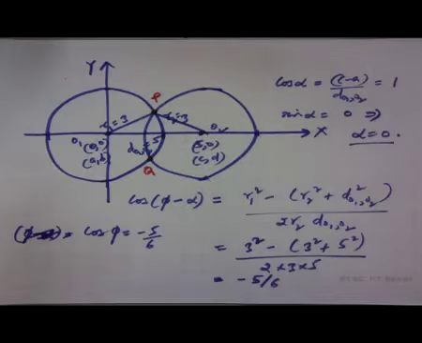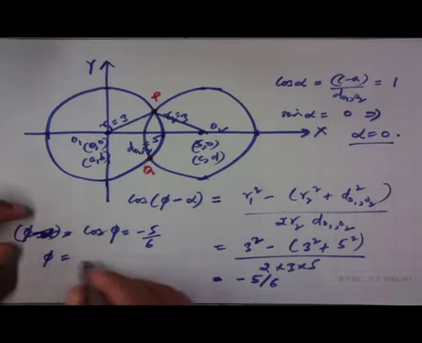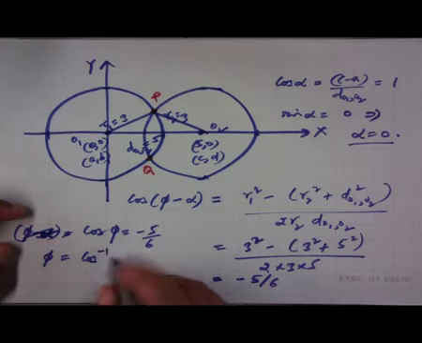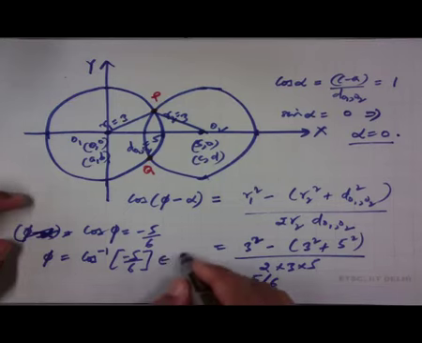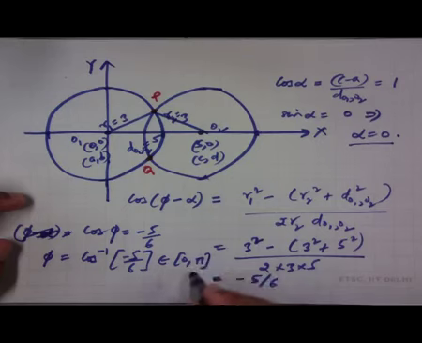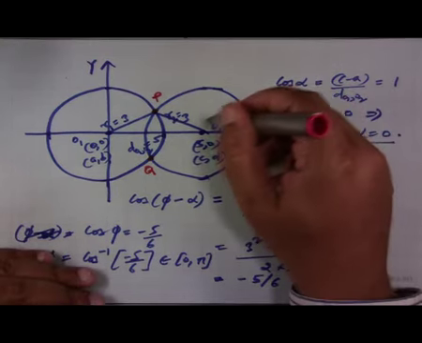So, of course, one value will be given by phi equal to cos inverse of minus 5 by 6, and this value of phi will belong to the interval 0 to pi. So, this first phi angle is essentially this angle.